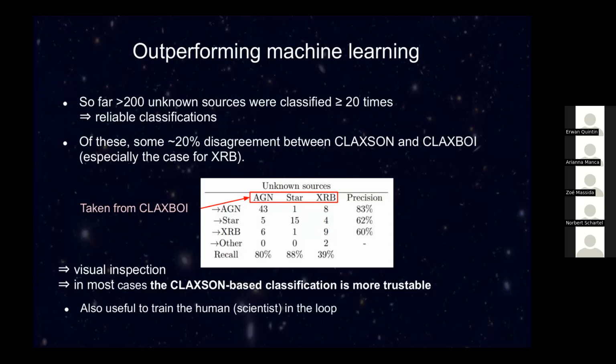I visually inspected these sources, and it turned out, you don't have to trust me, but in most cases, the Klaxon-based classification seems to be more trustable. And Klaxon is not only for the general public, I would say. It's also a nice way to train the human in the loop in the task of developing a source classifier.